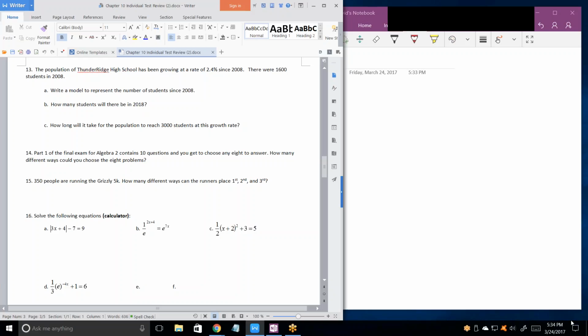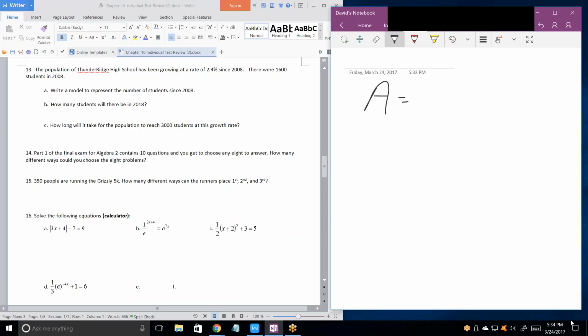Because they didn't say continuous compounding. They just said that it's been growing at a rate of 2.4% every year since 2008. Okay? So what's the general equation as to what the current number of students is going to be?